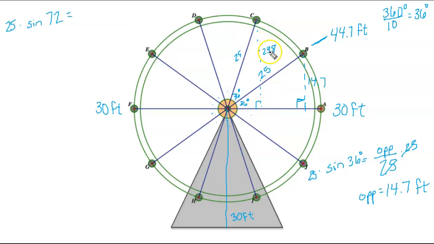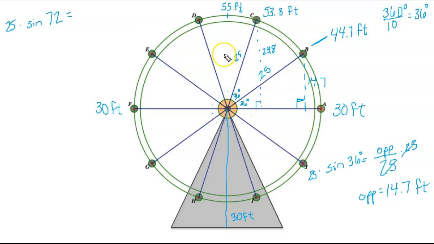And since, again, that's 23.8 above 30, that's going to be 53.8 feet. And that makes sense, because remember, when we figured out earlier that this very, very tip top is 55 feet, and that's getting really close. C is getting really close to being at the tip top. So that makes sense.